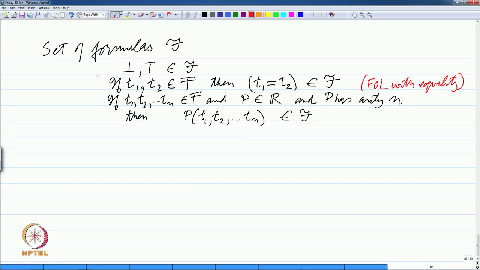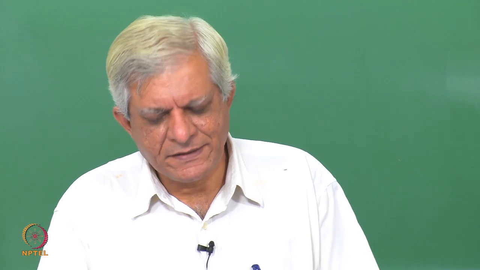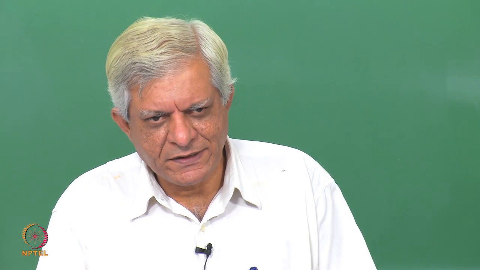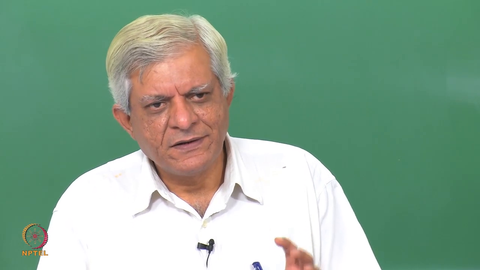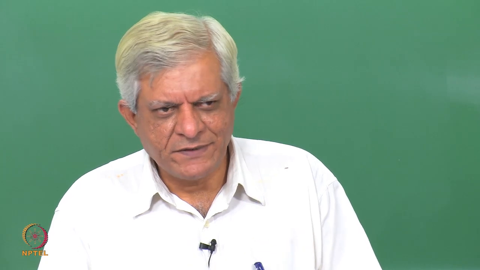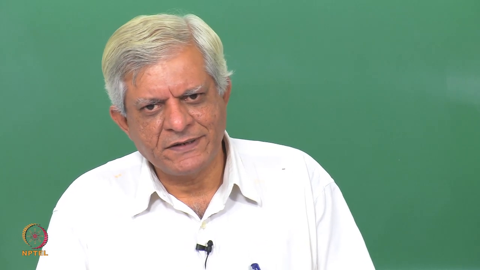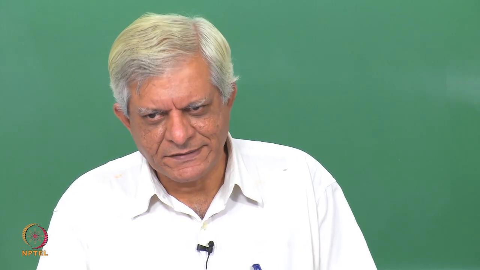So, sometimes we call these atomic formulas, in the sense that you cannot break them down any further, just like we had propositional variables which were atomic. Atomic formulas are similar in nature, as far as the language that we are trying to define. Remember that the language that we are trying to define is going to be a set of sentences essentially.